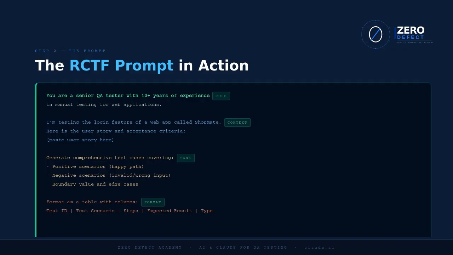Then the task. Generate test cases covering positive, negative, boundary, and edge cases. And finally, format. Give me a table with test ID, test scenario, steps, expected result, and type. One prompt. Everything Claude needs to give you a professional output. Copy this structure, swap out the feature, and it works for anything.